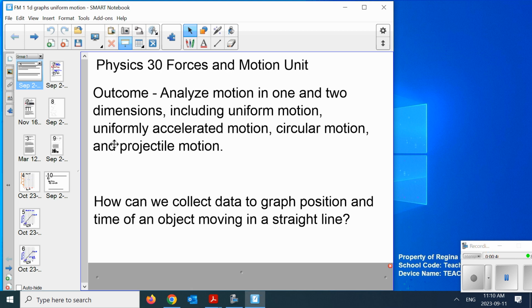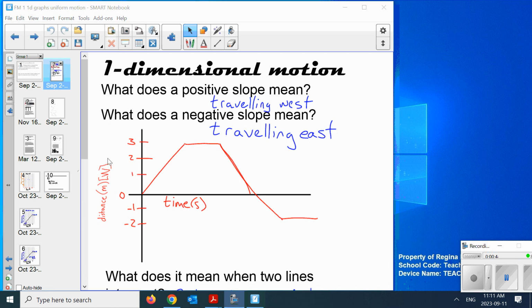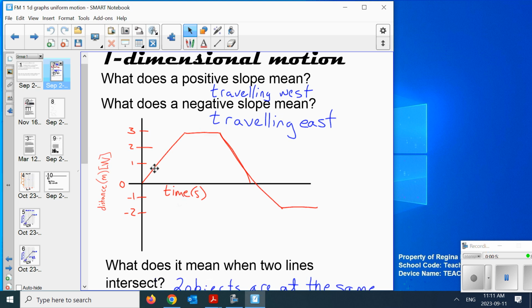We have, this was Friday, we looked at this kind of a graph here. If you have a positive slope, so we said maybe positive is west, and you're going up, you're going west.